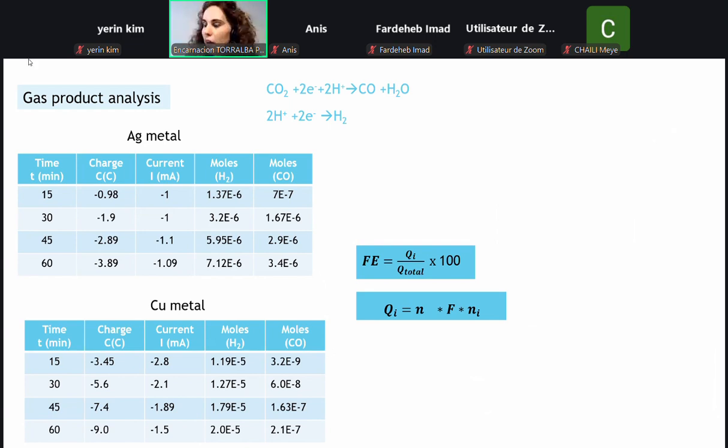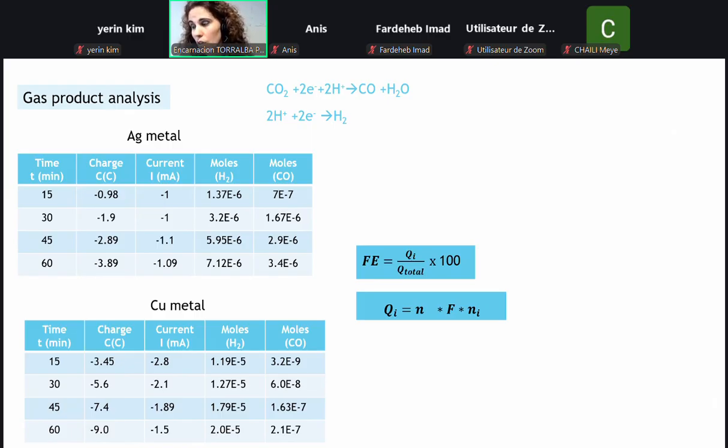So to really know which is more selective, during the experiment I take some notes and then I apply these calculations. For silver, I see that after 15 minutes of electrolysis, I pass a charge of 0.98 coulombs, and I got a current of -1.